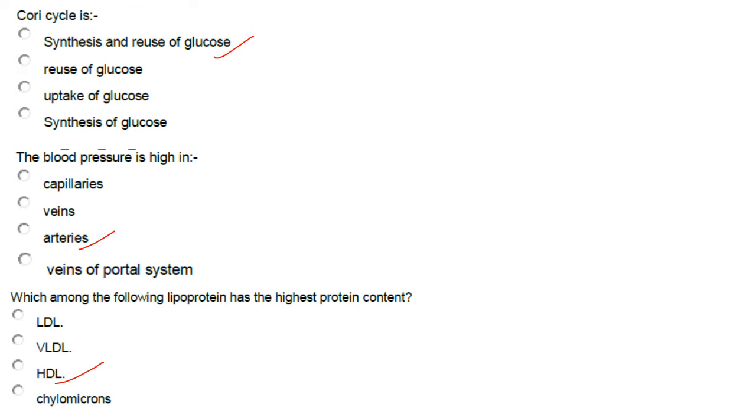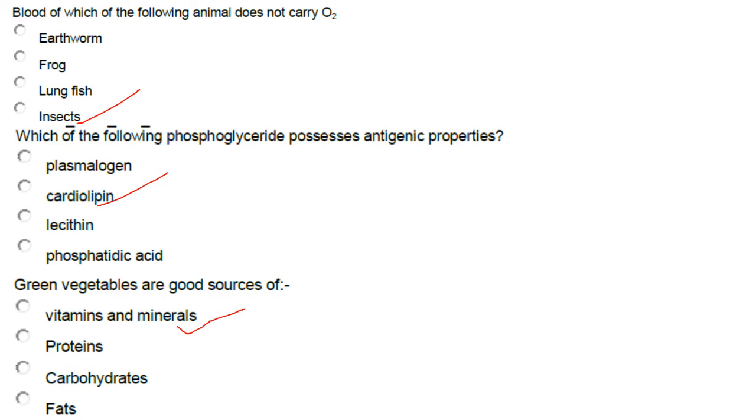Then next one. The blood pressure is high in arteries. Then next one. Which of the following lipoprotein has the highest protein content? So highest protein is for HDL. Then next one. Blood of which of the following animal does not carry oxygen?